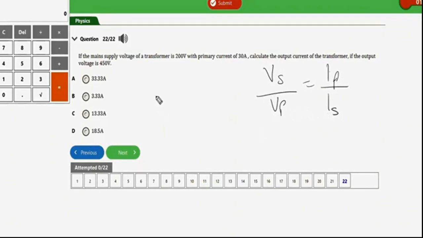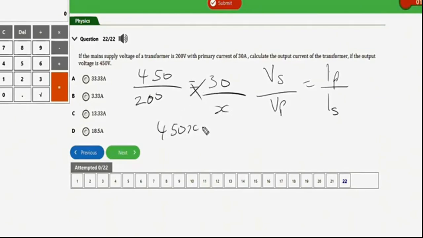Okay, so from this question, our secondary voltage is 150, our primary voltage is 200, equals, we have a primary current of 30, and we are looking for the secondary current. So when you cross multiply, we're going to have 150x equals 200 times 30, which gives 9,000.